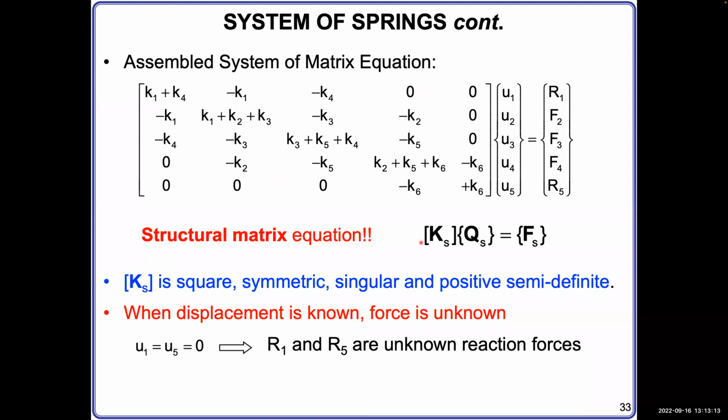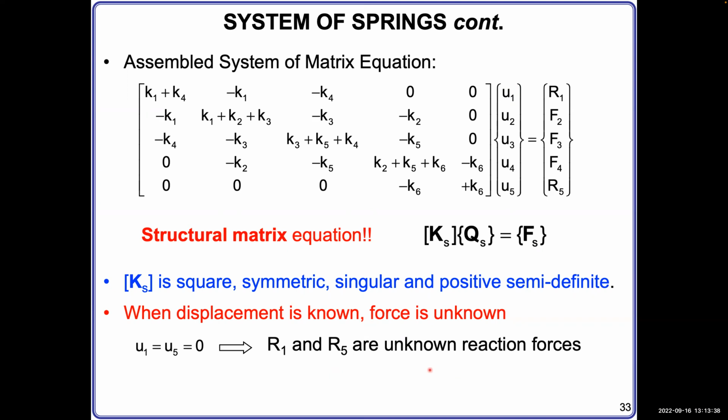And here you see we have two walls. On the wall, the reaction force is unknown, but the wall cannot move. So that means the displacement, in this case at nodes 1 and 5, equals 0. The displacement is 0, and the reaction force is unknown, to be determined.